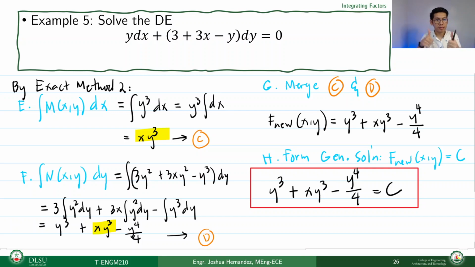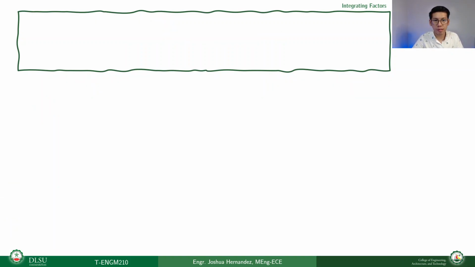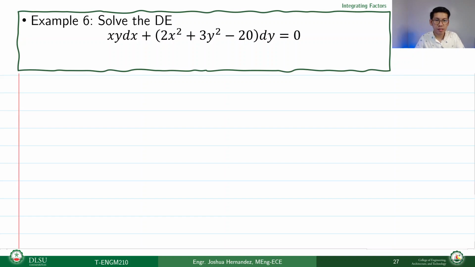All right. Our last problem is example number 6. Solve the DE xy dx plus 2x squared plus 3y squared minus 20 dy equals 0. Okay, so let's do that.